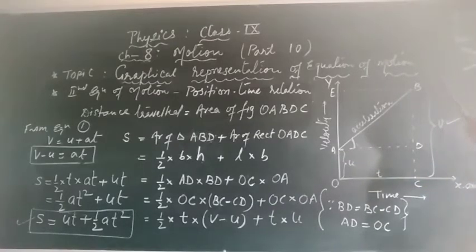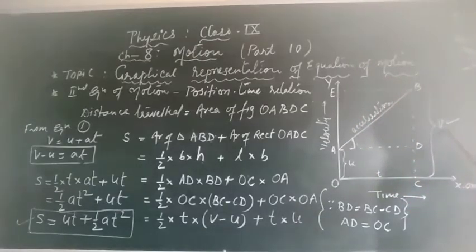And then we have dropped a perpendicular BC on OX, then AD perpendicular on OY, and BE is perpendicular here.